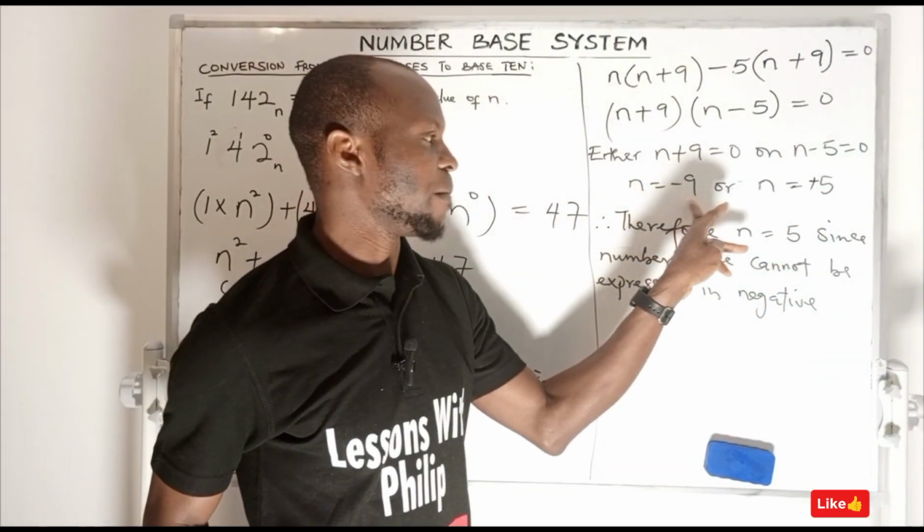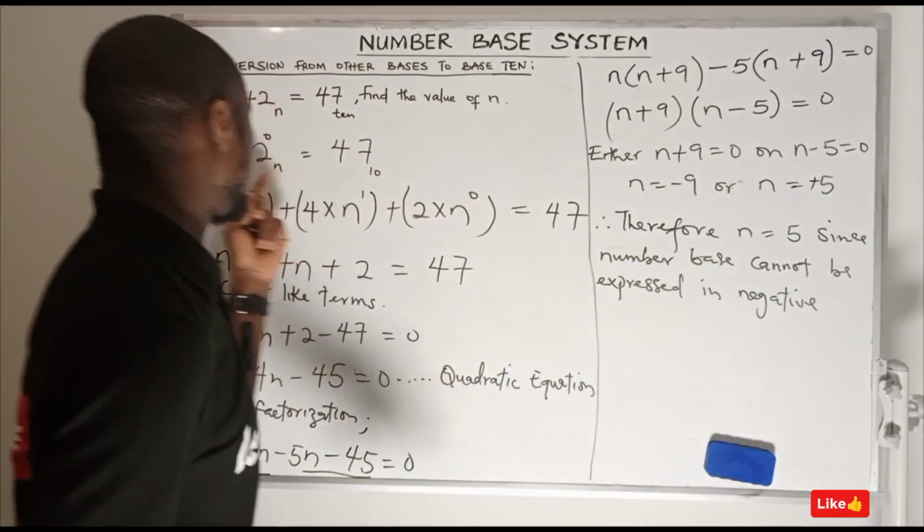That's why I discard minus 9 and I stick to plus 5, because my base cannot be in negative.